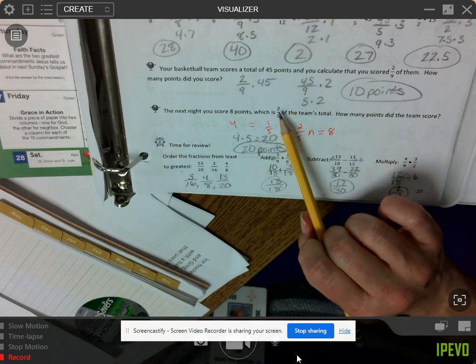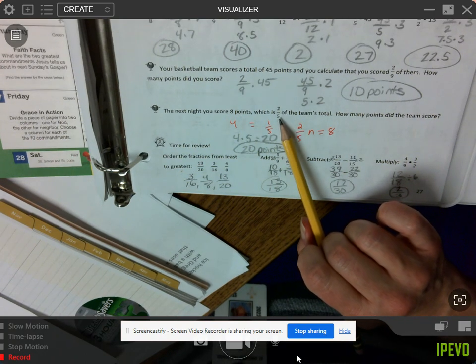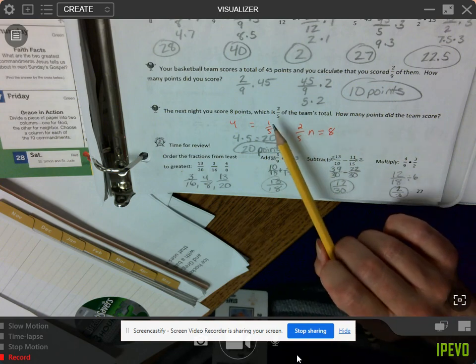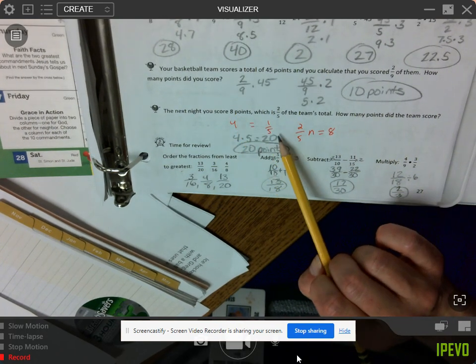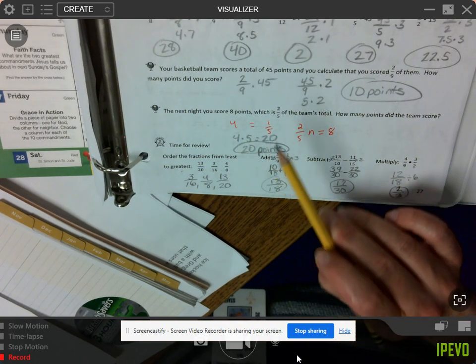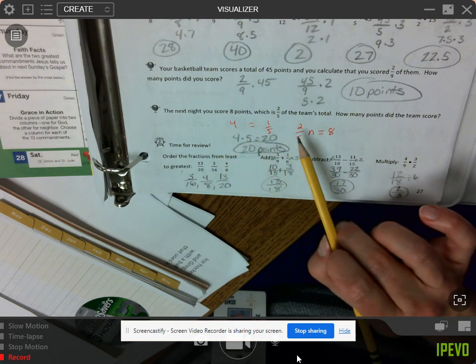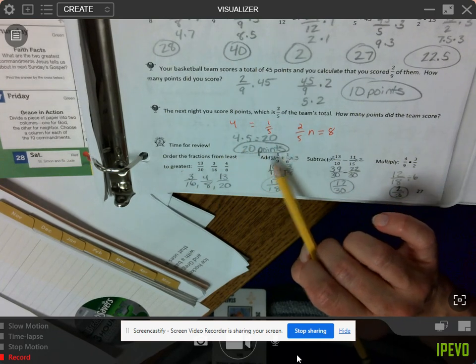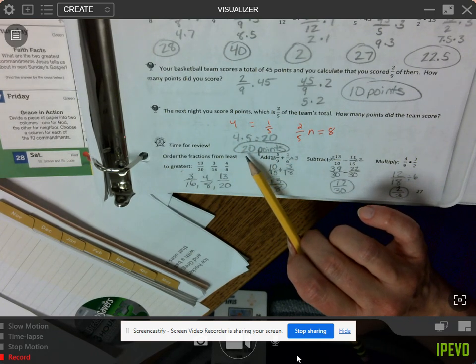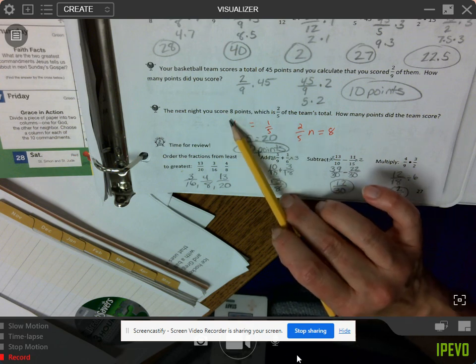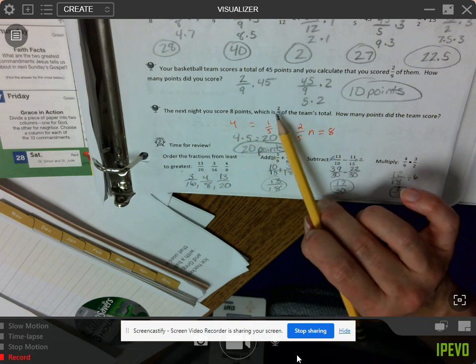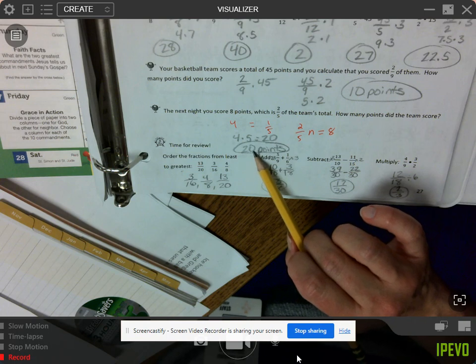So you scored 2/5 of the 8 points. So 2/5, and we don't know. Let me see how we worked this one out. The answer is 20 points that the team scored, because you scored 8 points, and 8 points is 2/5 of what?